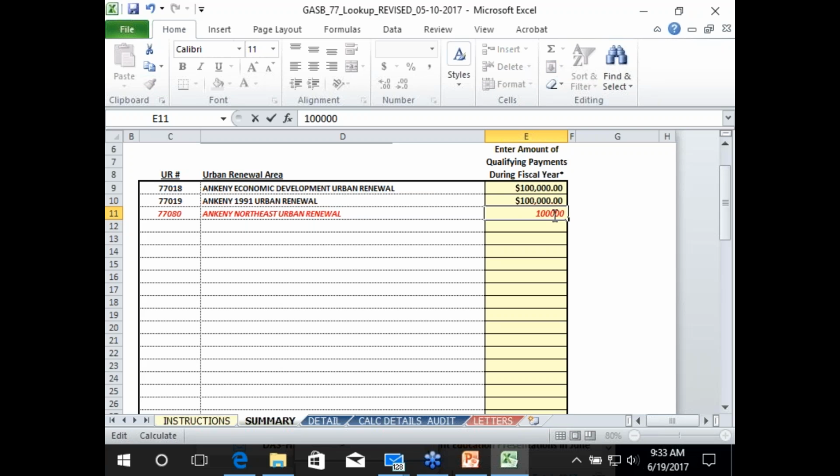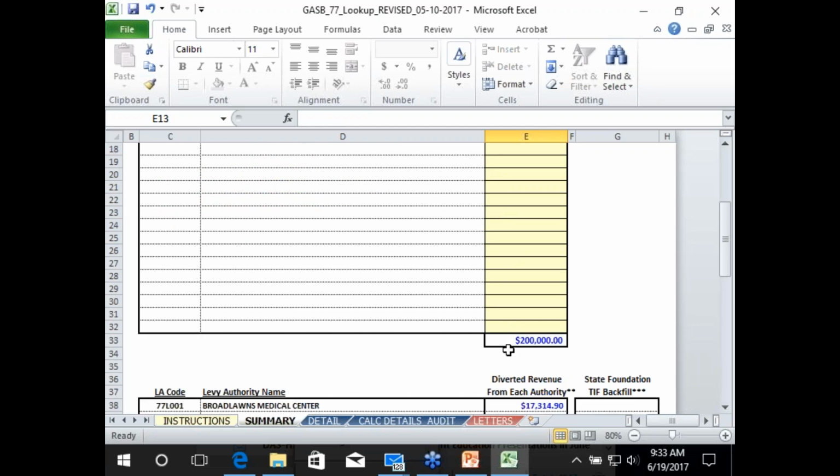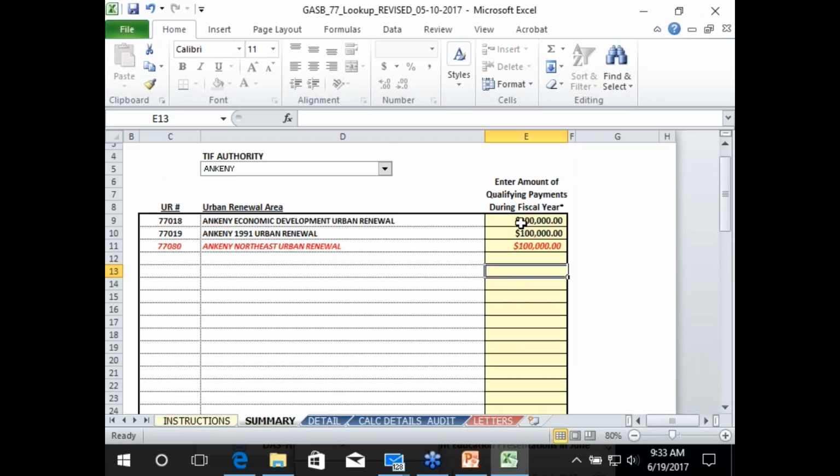Okay, there we go. It's reacting a little bit slow, and that's probably good because I'm a little bit slow too this morning. Okay, so you'll see that I've put $300,000 in here, but it only picks up the black ones. So it only lists $200,000 for these top two. This one's being disregarded because, as I said before, no revenue was diverted or divided or taken in that particular district. So that one's going to be dropped out.